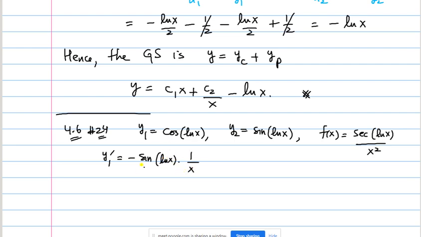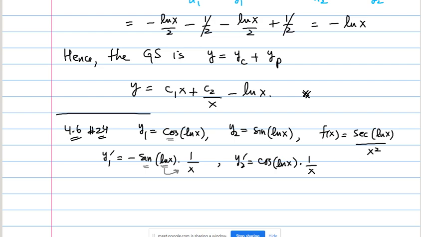First I take the derivative of cosine, that becomes minus sine, but then we take the derivative of the inside function, which is 1 over x. Similarly, y2 prime will be sine becomes cosine of log of x, and then the derivative of log of x is 1 over x. So these are the two derivatives.